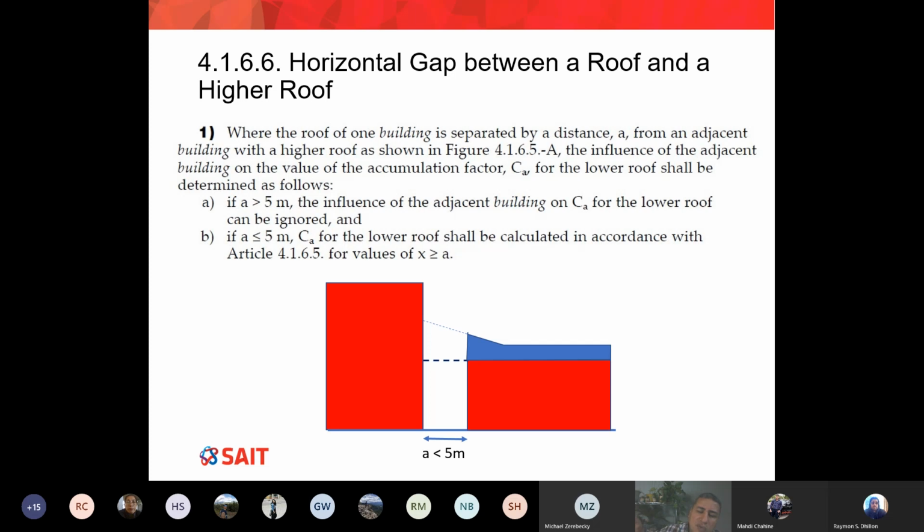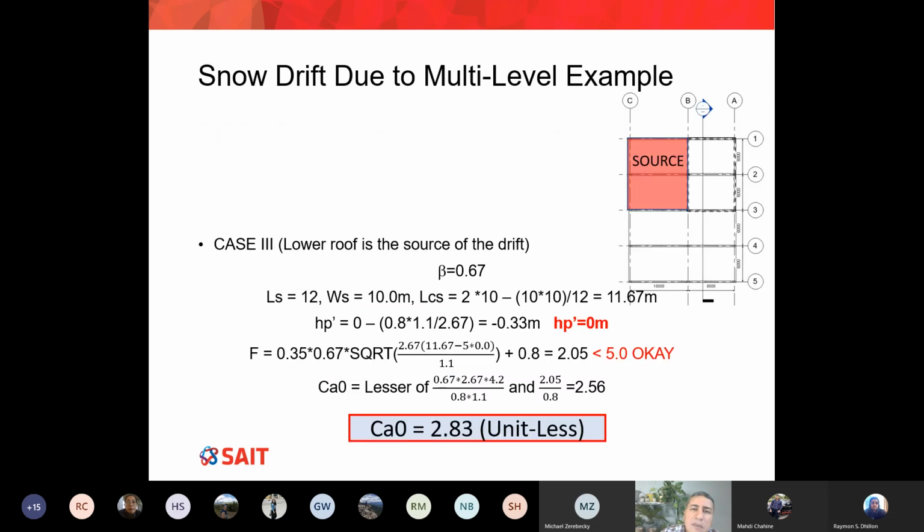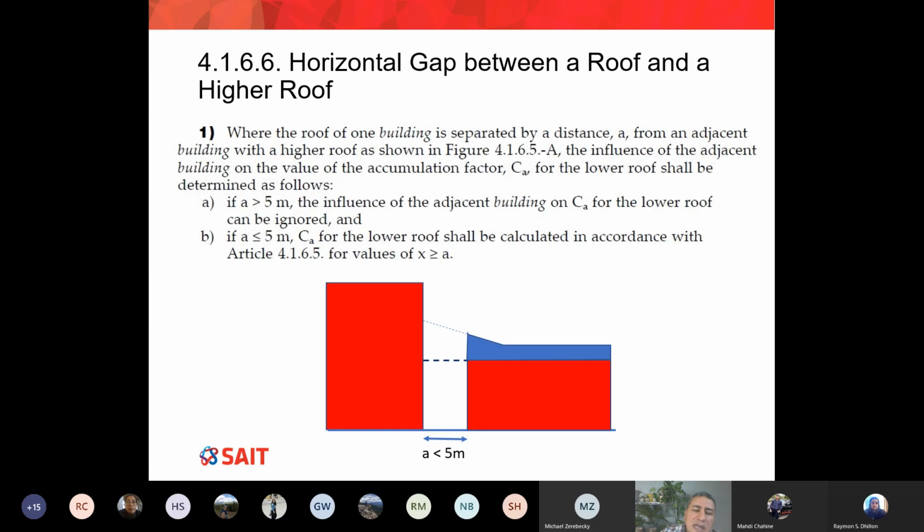So I have a higher roof and I have a lower roof, and then the distance is 2.5 meters. What can you do? Here is the answer, and the answer is in this slide. So if the distance is 2.5 meters, or 2 meters, or whatever the distance, let's make it simple. I'll go back to my problem. So here, the XD is 3 meters. So let's say I have two buildings, and the distance is only 1.5, so half of 3.